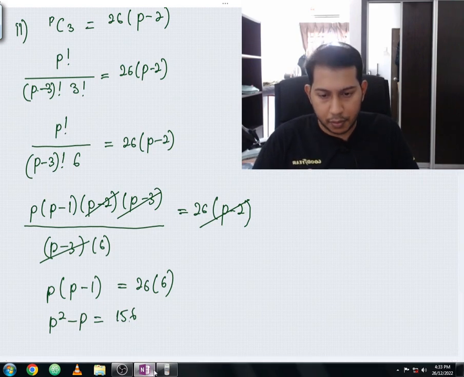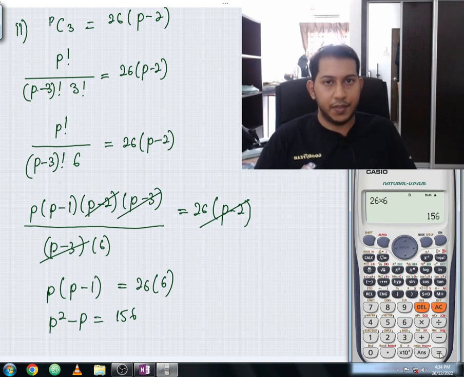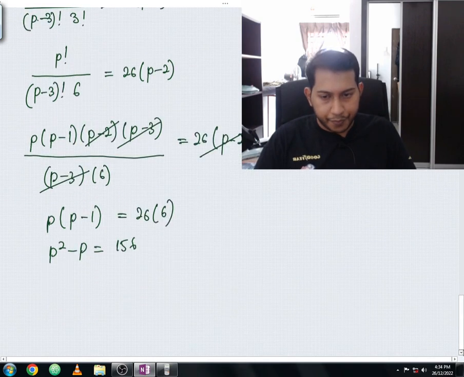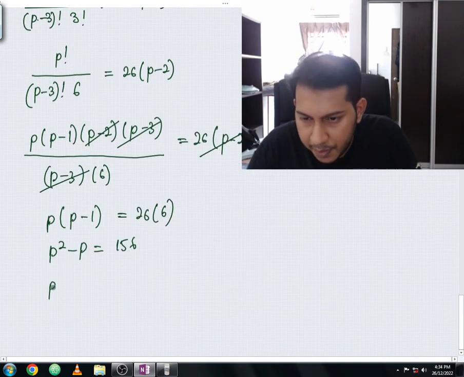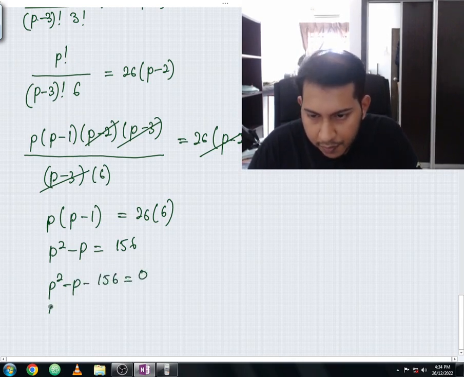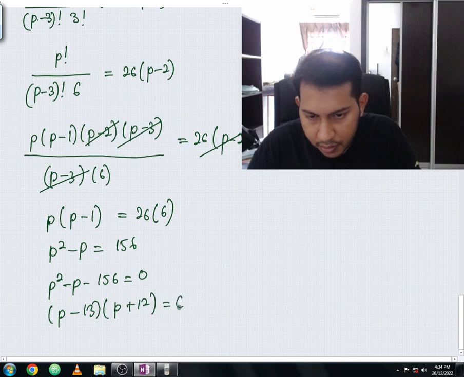Okay, if you're not confident, 26 times 6. So from here, you get 156. Okay, so from here, p squared minus p minus 156 is equal to 0. Okay, from there we perform the factorization. So from here you get (p - 13) times (p + 12) equals to 0.